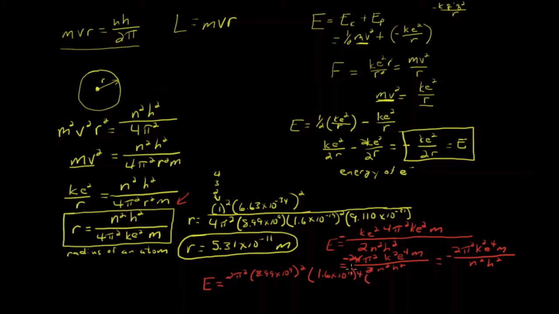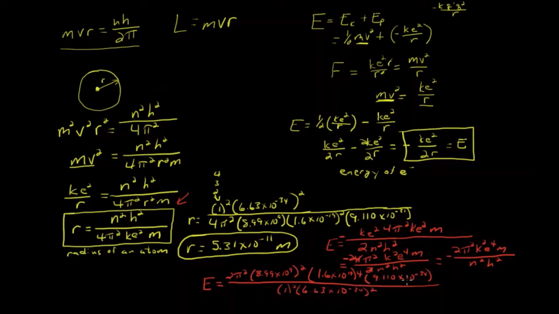Sorry, I'm running into my other hand here. Sorry about that. And then 9.110 times 10 to the minus 34th... to the fourth, times n squared, which is 1 squared, times 6.63 times 10 to the minus 34 squared.